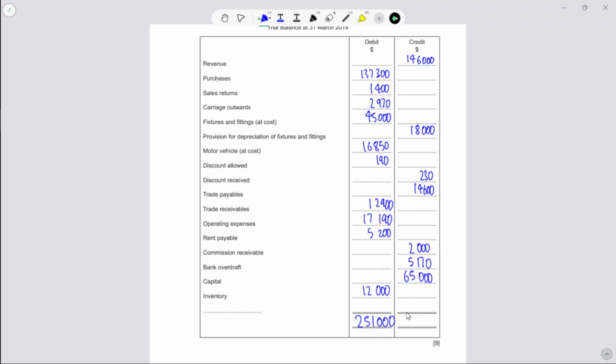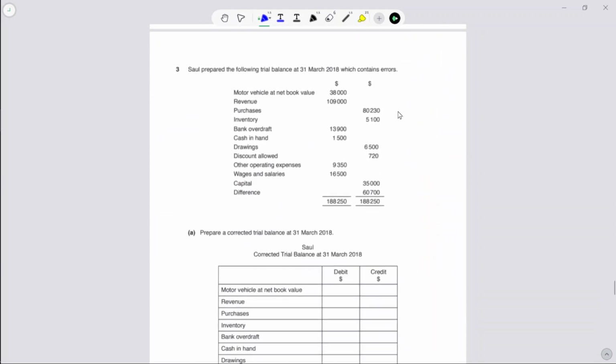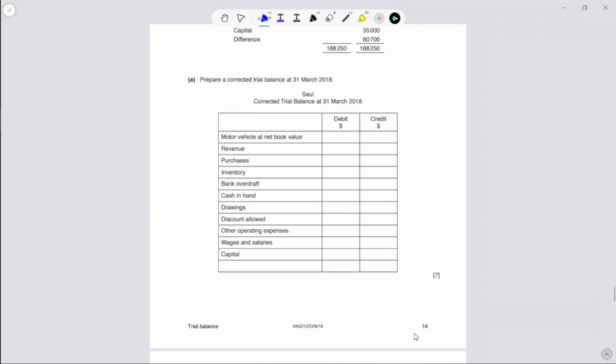Right hand side you also get 251,000. So very neat, so it's correct. Now let's go to page 14.